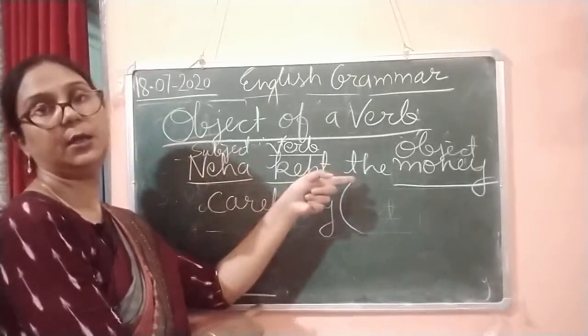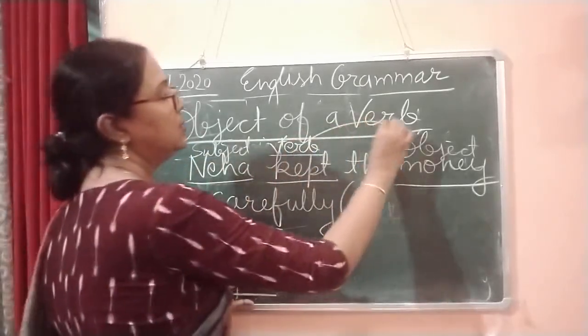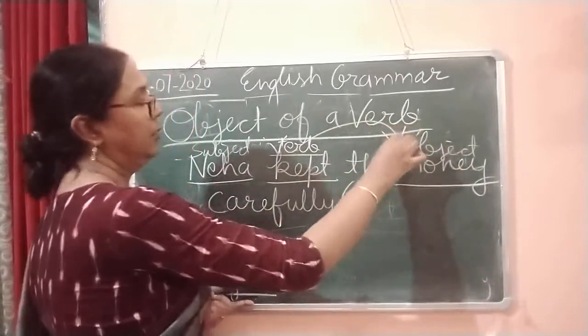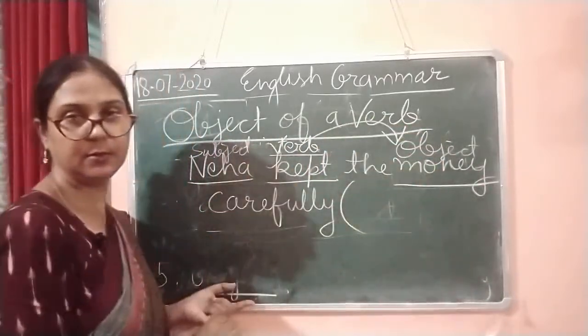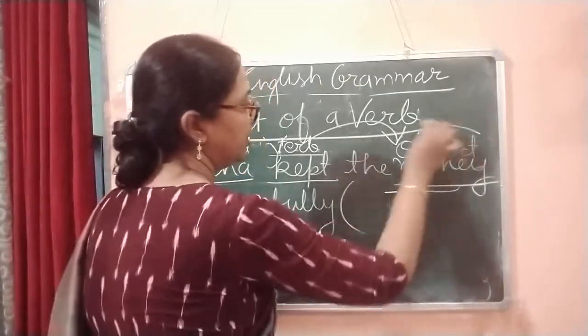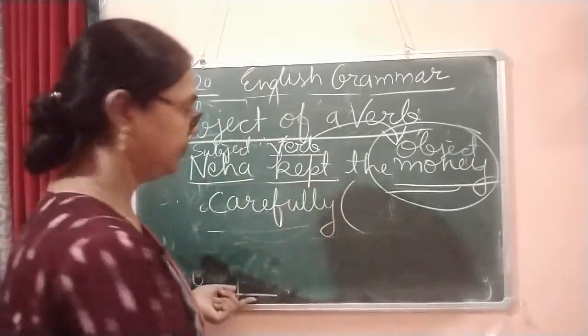She kept money. So here you can see the doer is doing the verb on that object. This is called object of a verb.